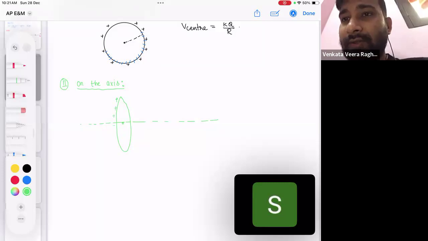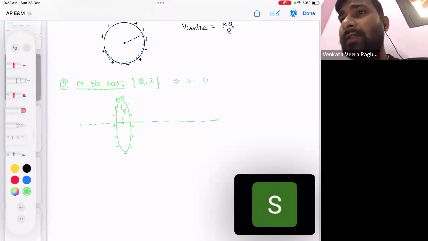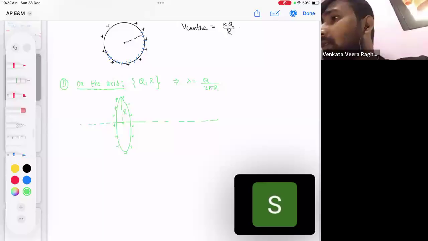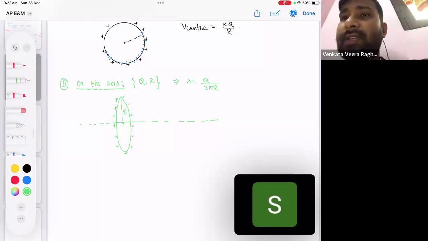Again, total charge on the ring is Q and radius is R. So can you tell me what will be lambda? Lambda will be Q by 2 pi R, the charge per unit length.